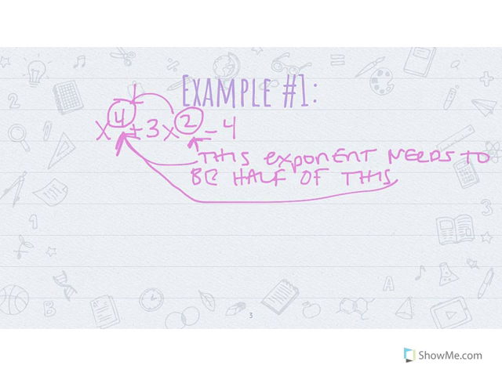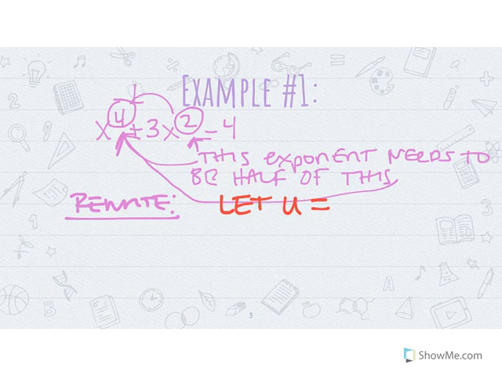When we go to rewrite this, this is what we're going to see. You always want to state what u is going to represent. In my case, I'm going to let u equal x squared. Once I have that, I'm going to be plugging the x squareds into my formula here.